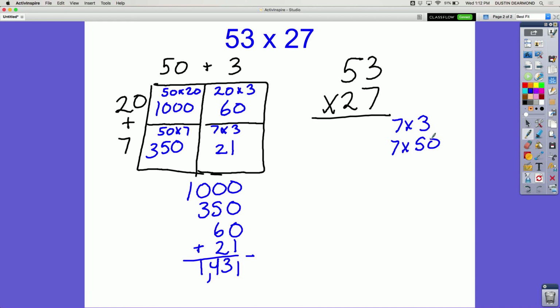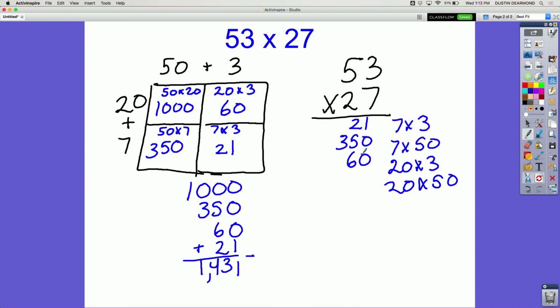And then my other problems would be 20 times 3 and 20 times 50. So 7 times 3 is 21. Again, 7 times 50 gives me 350. 20 times 3 is 60.